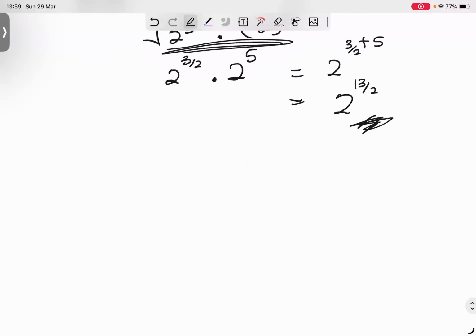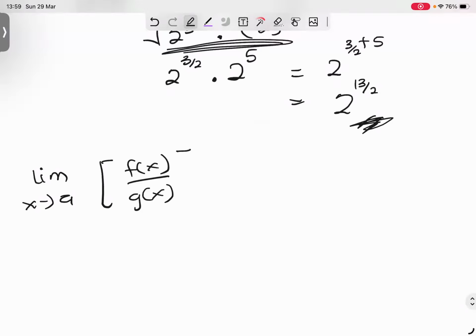Then we have the last one, when the operator between them is the quotient. So limit as x approaches a of f of x divided by g of x. Since we have the quotient of two functions, we have what is known as the quotient property, and that is we are allowed to separate the functions and evaluate them.